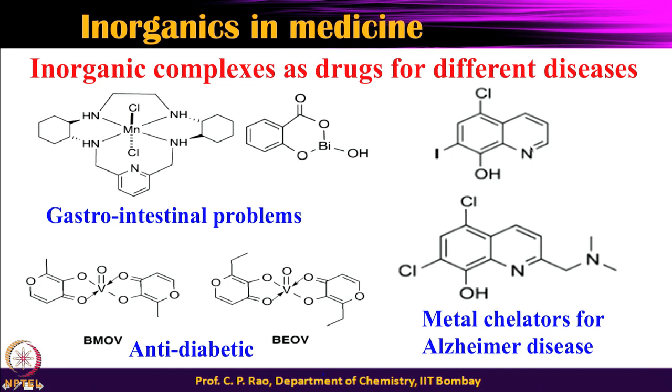So, these can act like a chelate and here again a 5 membered chelate. So, you have metal chelators for chelating ions like zinc, ions like copper, etc. That is why they can act in Alzheimer's disease, because in Alzheimer's disease the active ions are zinc and copper. So, these ions can be chelated and removed.